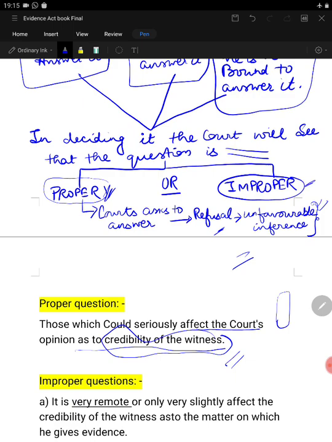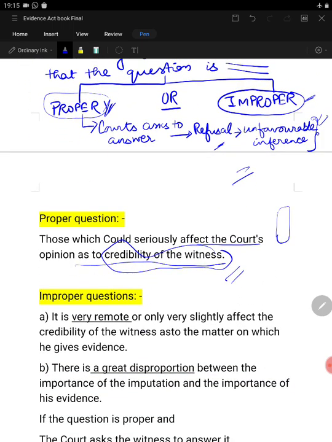Now, what are improper questions? Improper questions are questions which are very remote or which would very slightly affect the credibility of the witness, or there is a great disproportion between the imputation that it will give to the witness and the importance of that evidence. That is, the harm which it will cause to the reputation of the witness will be very large as compared to the importance of the evidence in that particular case.